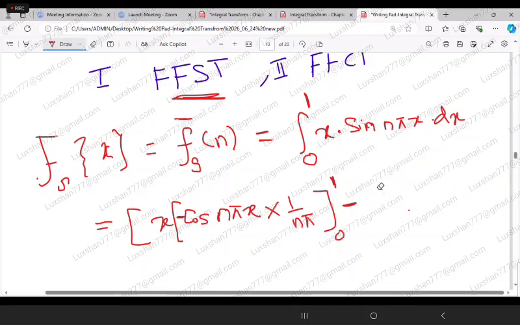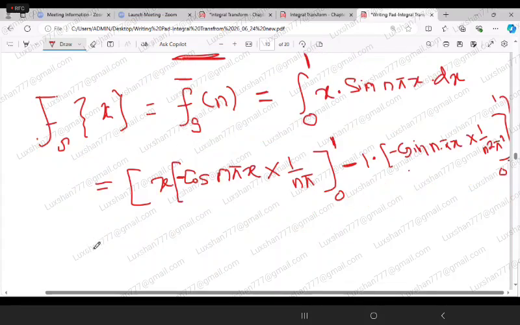So this is equal to 1 into the integration of this one, minus sine n pi x into 1 over n square pi square. Here I want to put 0 to 1.